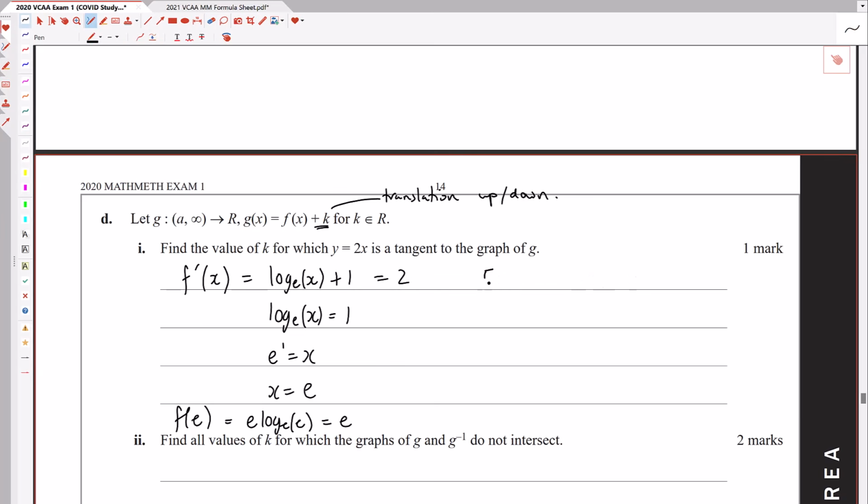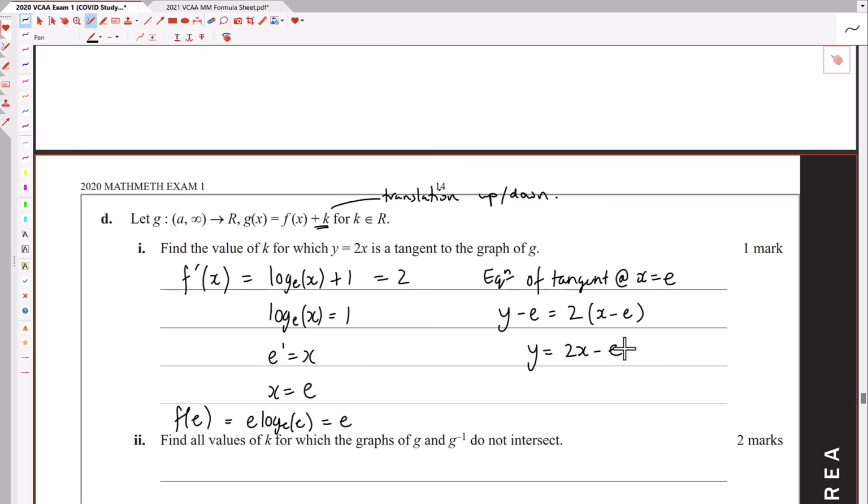Okay, so if we do the equation of the tangent at x equals e, we already know the gradient there is 2. We know the point, so the equation is going to be y minus the y coordinate equals the gradient times x minus the x coordinate. So that's going to be y equals 2x minus 2e plus e, so minus e.